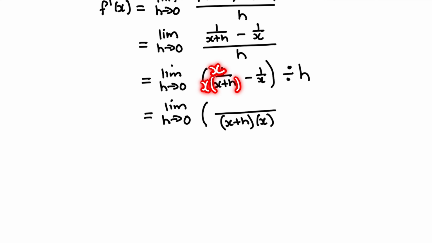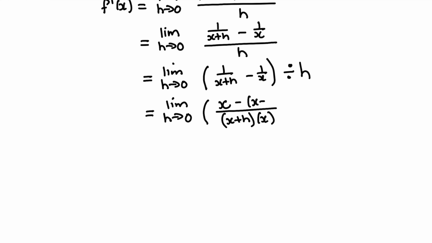What I do in the denominator, I would repeat in the numerator. And in our second term, we already have an x, but we need to add x + h, so I'll also add an x + h at the top. So we'll have 1 times x, and that becomes negative (x + h). Close the brackets. And I'm going to keep, change, flip. So I'm going to change this division into multiplication and have it as 1 over h.